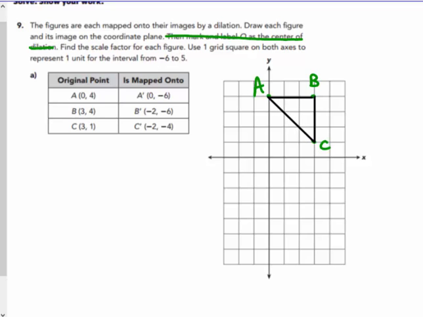Okay, then A is mapped onto (0, -6). So I'm going to draw that one in a different color. So (0, -6): 1, 2, 3, 4, 5, 6. So here's A's image. B is (-2, -6).